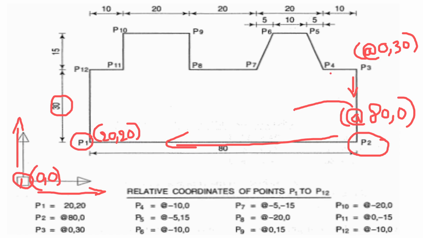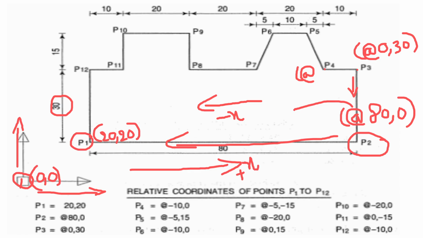Now come back to point P4. Again I will use the at the rate symbol to notate the coordinate for P4. Now I am moving from P3 to P4, which means I am moving in the negative x direction. When I move from P1 to P2, I am in the positive x direction, but when I move from P3 to P4, I am moving in the negative x direction.